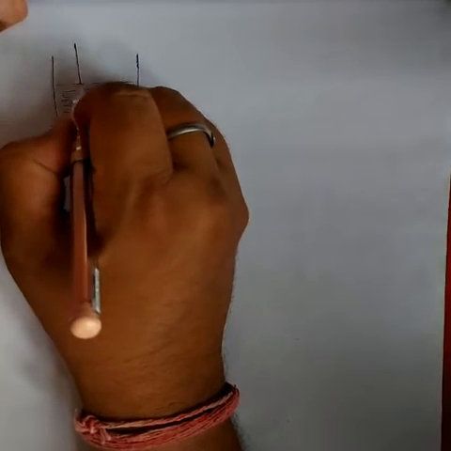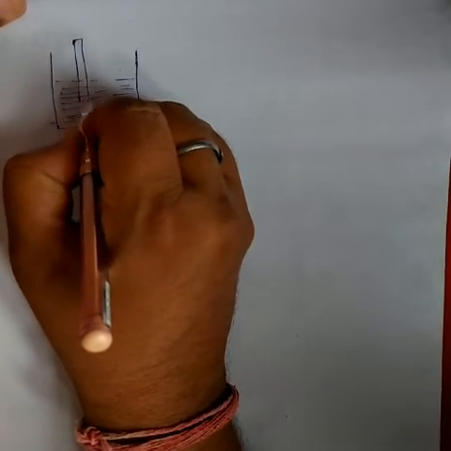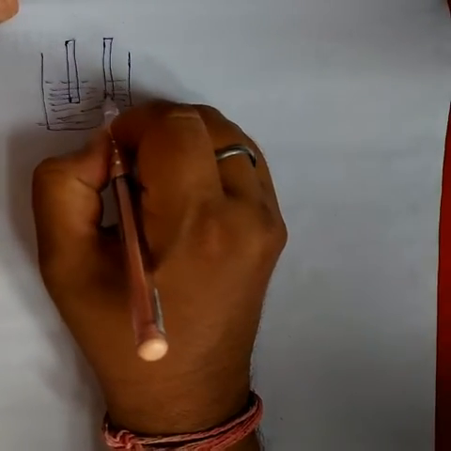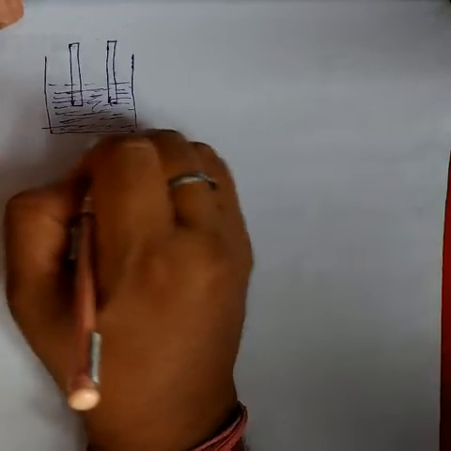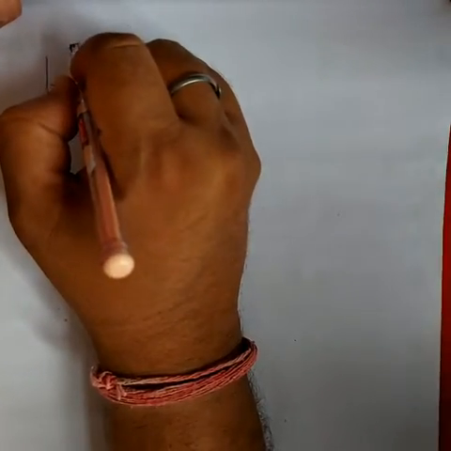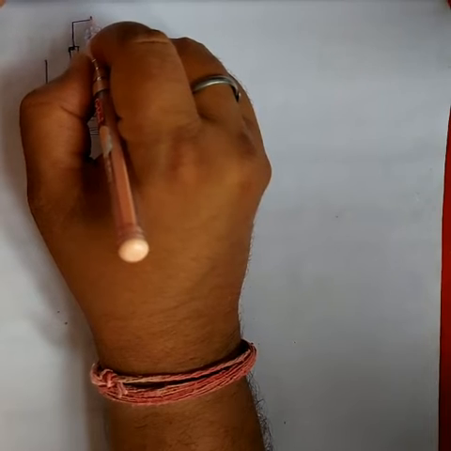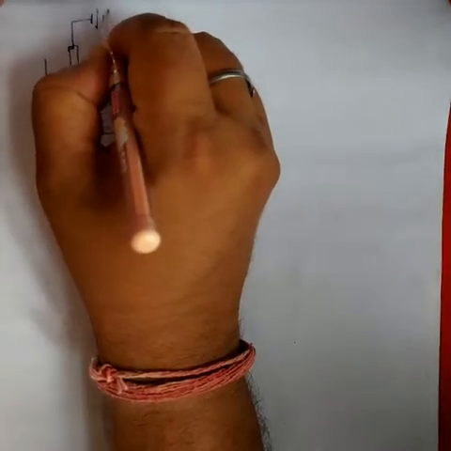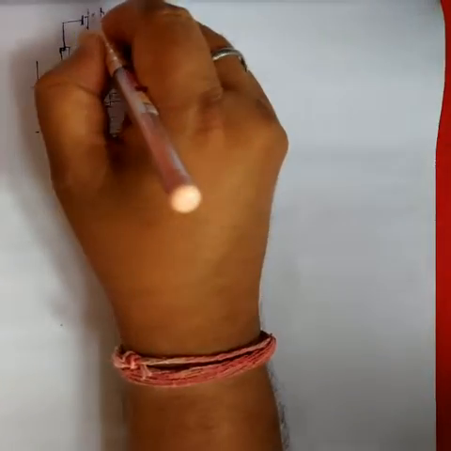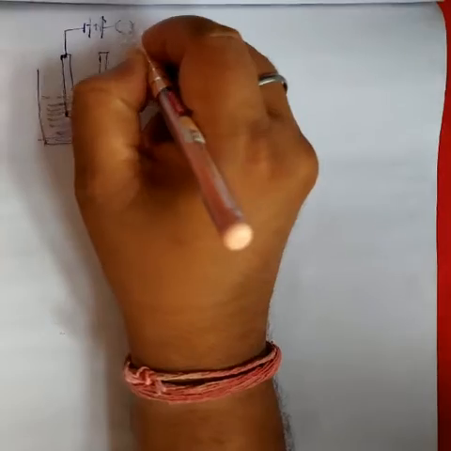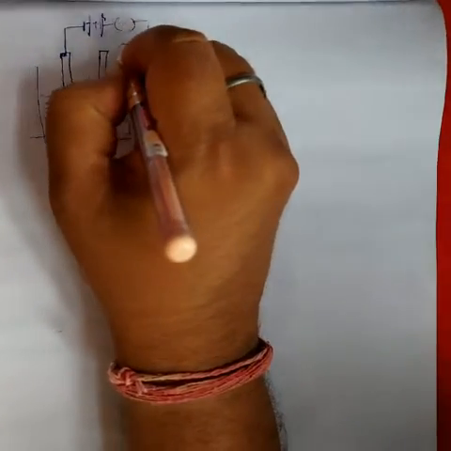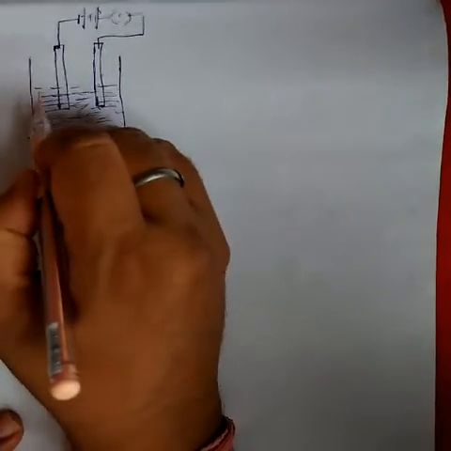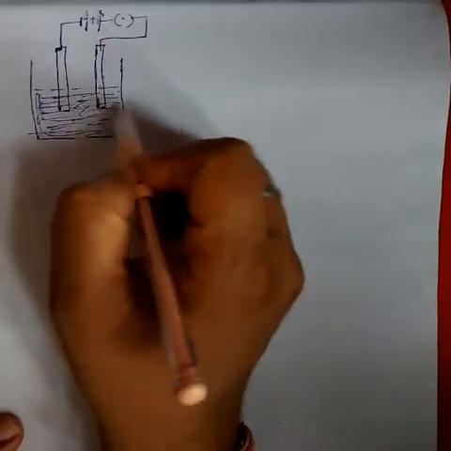And we dip two electrodes inside the electrolytic refining solution, and the electrodes are connected by wire to a battery and a plug key. The other end is connected to another rod. Like this we arrange the electrolysis process.